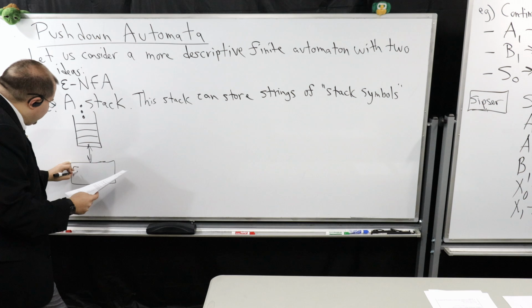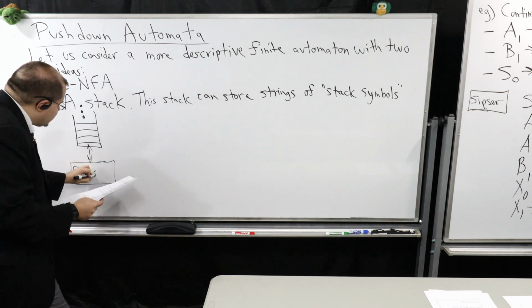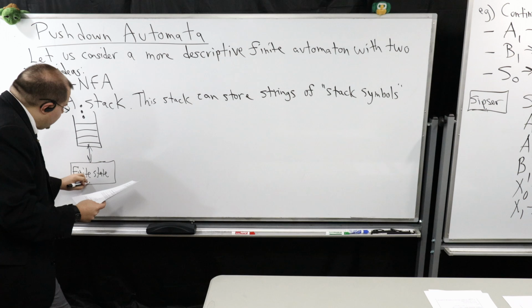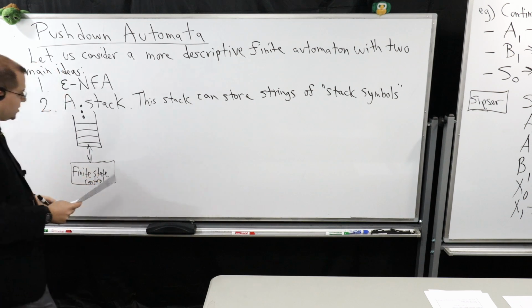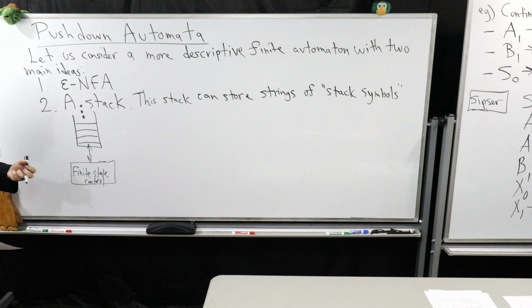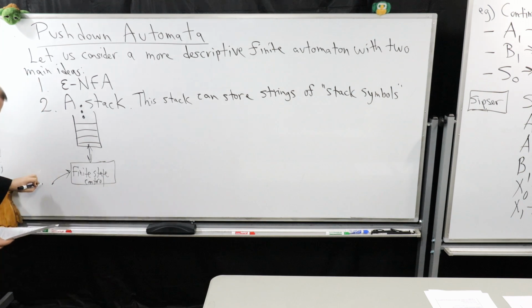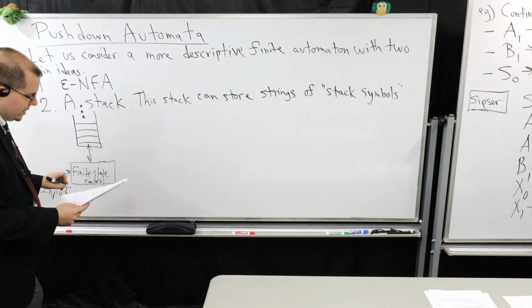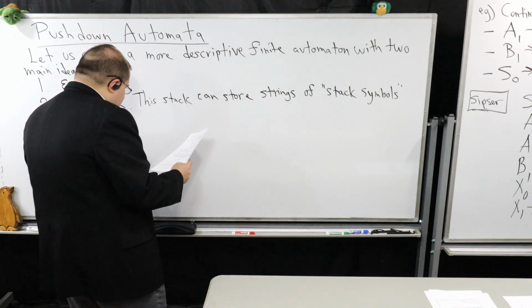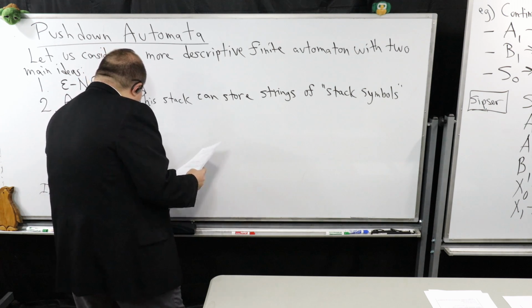And then I'm going to have this finite state control. The finite state control's job is going to be to consume symbols. So our notion of reading a symbol is going to be more about it gobbling it up, kind of like a really hungry cat or something. It will take in the input, and it will read it just like what you think of for a finite automaton, and it will tell you if it accepts or rejects.